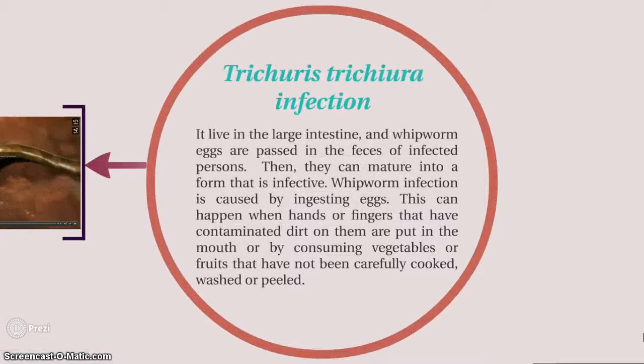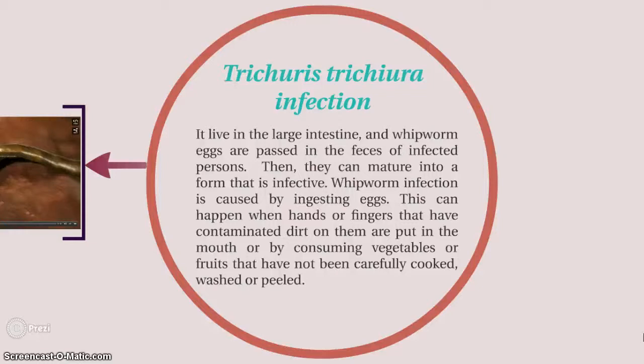Trichuria infection lives in the large intestine, and whipworm eggs are placed in the feces of infected persons. Then they can mature into a form that is infective. Whipworm infection is caused by ingesting eggs.